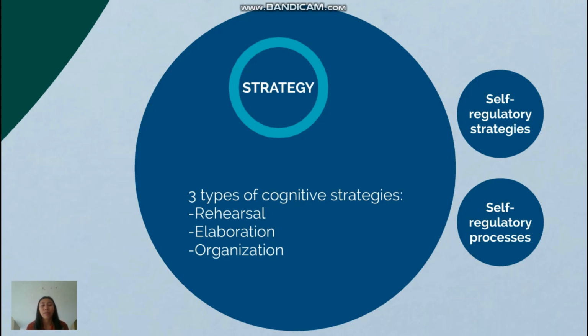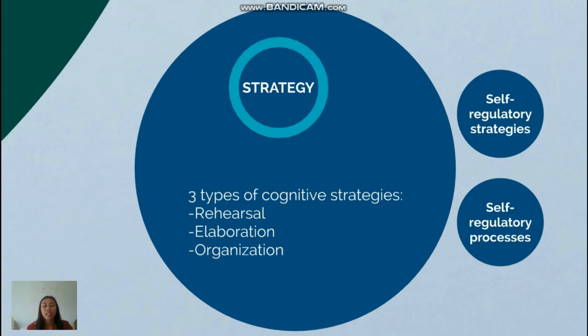It includes paraphrasing, summarizing, creating analogies, asking questions, explaining the information to another person, and applying it in new situations. And the third is organization. It includes comparing and contrasting, drawing diagrams and or concept maps, and identifying relationships.